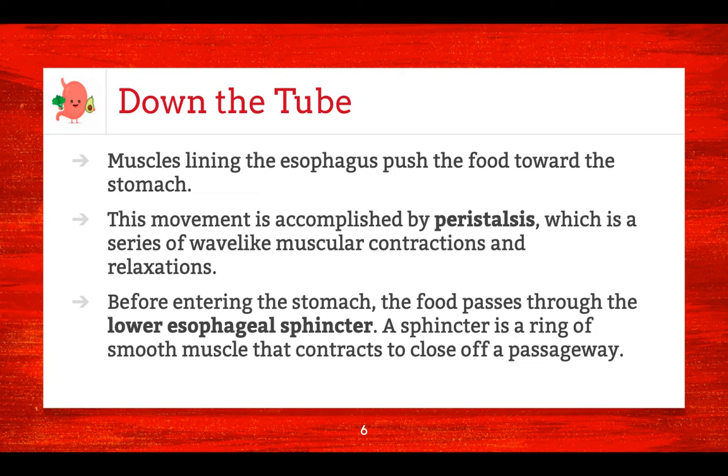So the peristalsis pushes the food down the esophagus, and then before entering the stomach, the food passes through the lower esophageal sphincter. So there's a few sphincters throughout the digestive system, and a sphincter is just a ring of smooth muscle that contracts to close off a passageway, or opens to allow things to go through the passageway.